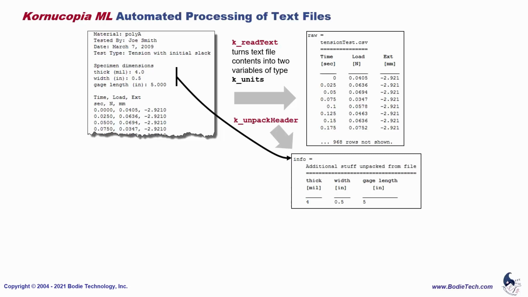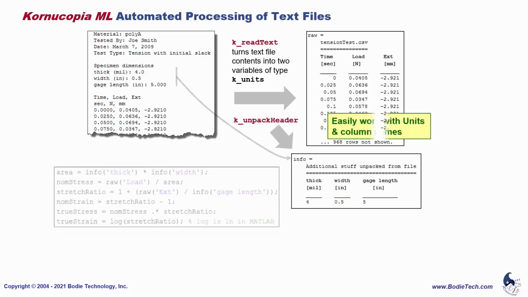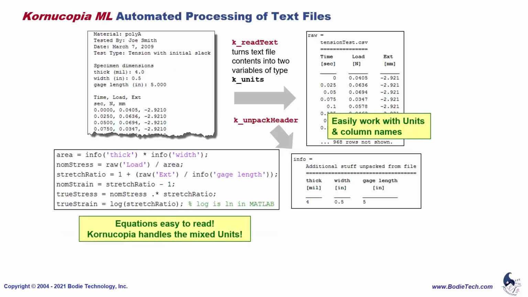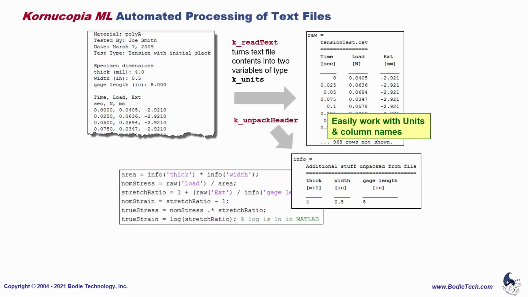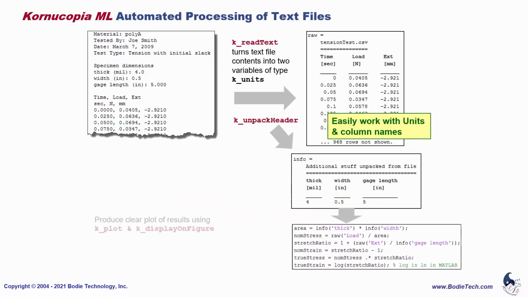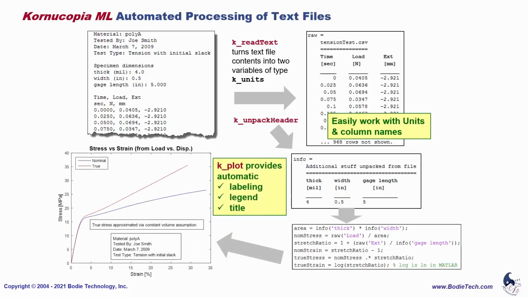Using Kornucopia's unpack header function, it is easy to turn this section of the file into a useful variable that can then be used in calculations to turn this raw load-displacement data into a useful stress-strain curve, where the equations are easy to read and Kornucopia has handled all the issues of mixed units. Now that we have the data calculated in the form we need, we can clearly plot our results using these two Kornucopia functions to yield a result that provides automatic labeling, a legend, and a title.